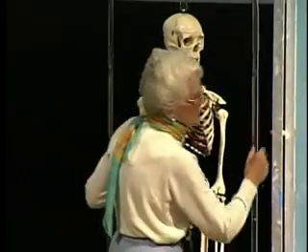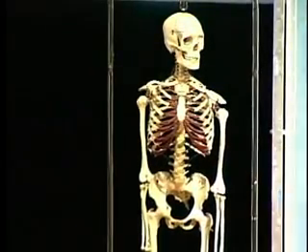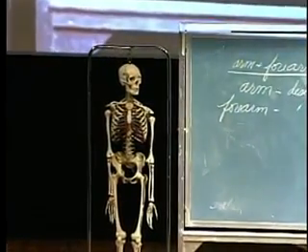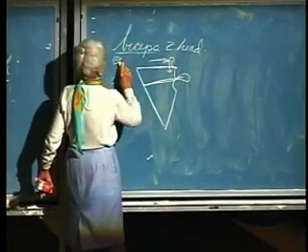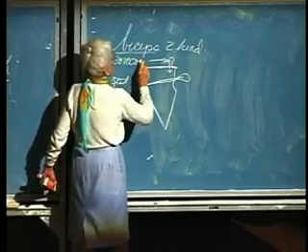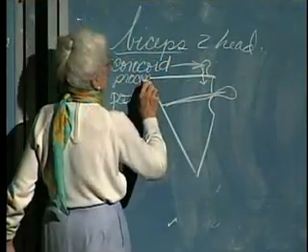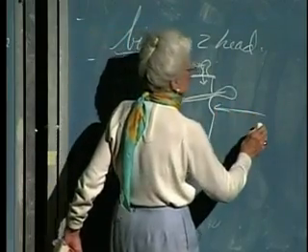But I can't put it in that way, so I put it up above. So what we could do is do something like this so you'd see that it's really behind. So this is coracoid process. And this is our glenoid fossa.